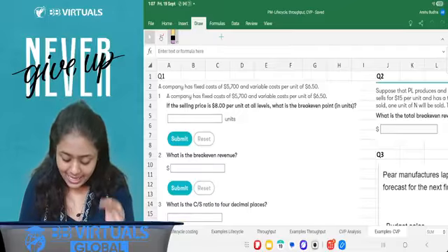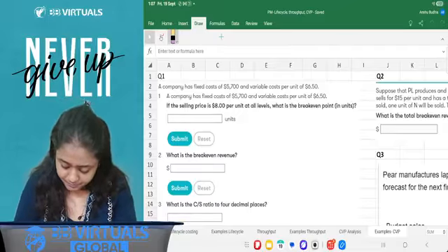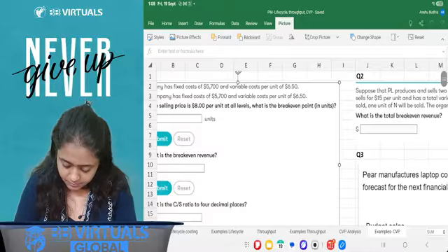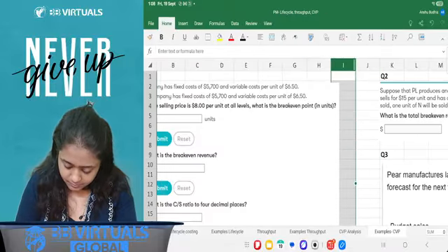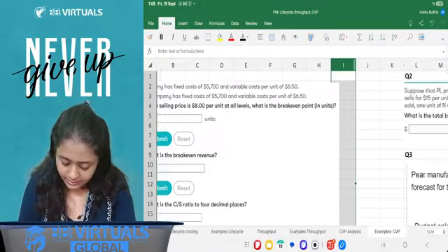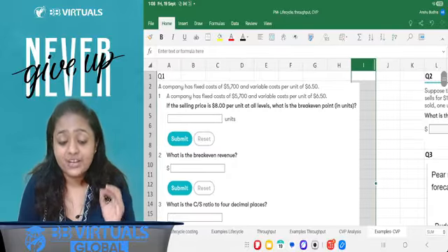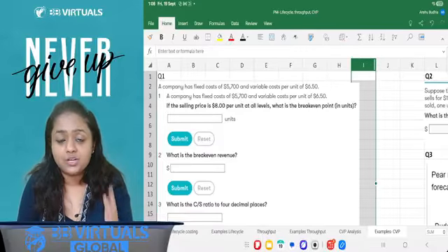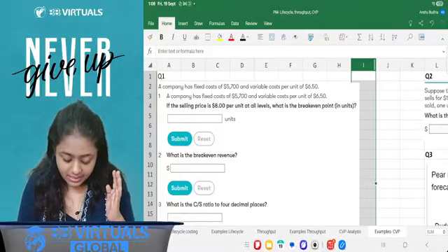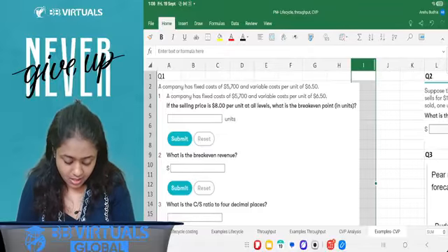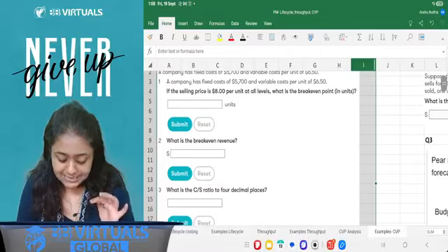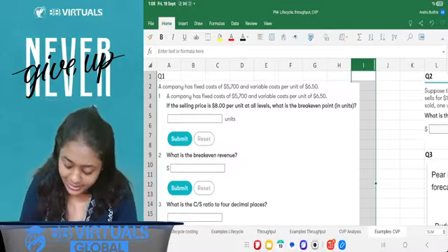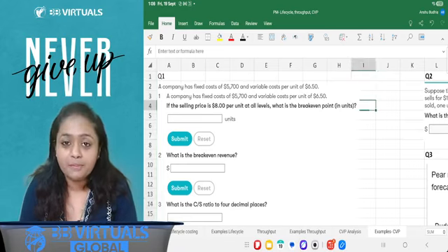A company has a fixed cost of 5,700 and a variable cost per unit of 6.5. If the selling price is 8 per unit at all levels, what is the break-even point in units? Easy. What is the formula, my friends?